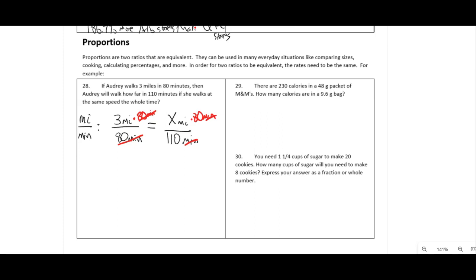So I also need to multiply by 110 on both sides. I don't know why I said 100. Let's fix that. 110. And then that reduces the 110 off the right side. And we end up with 3 miles times 110 equals X miles times 80.